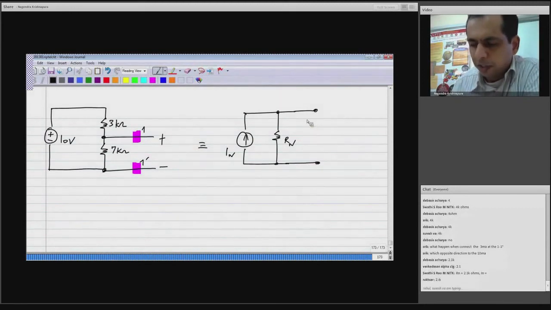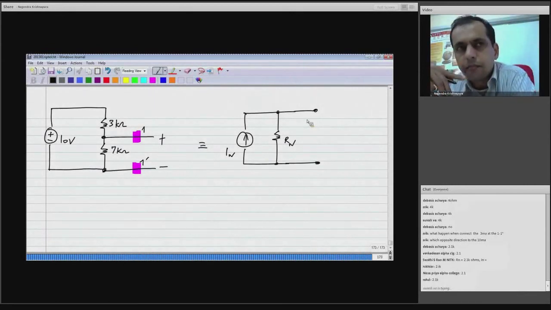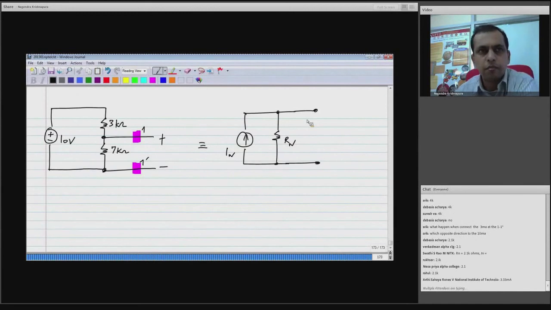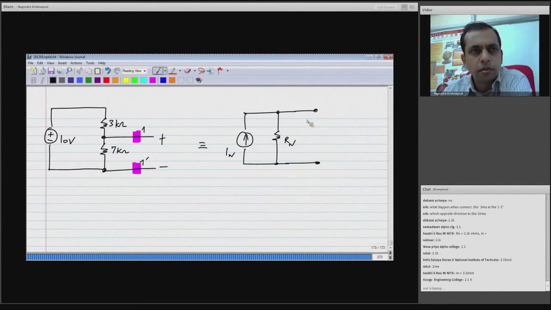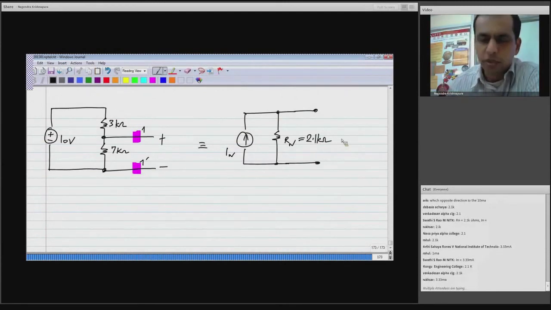What will be the value of Rn in this case? So clearly it's the same as RTH we already calculated. So this is 2.1 kilo ohms.